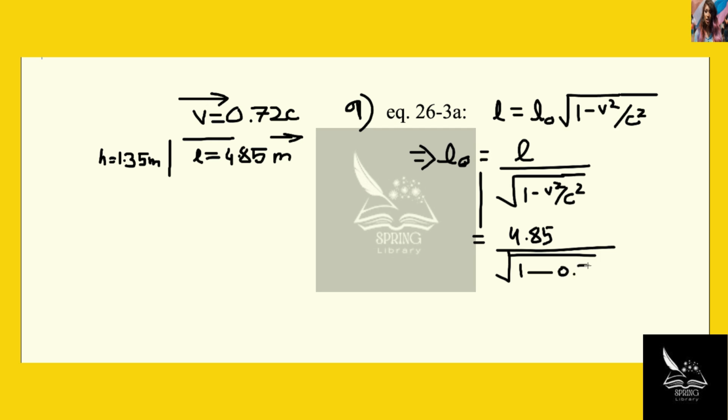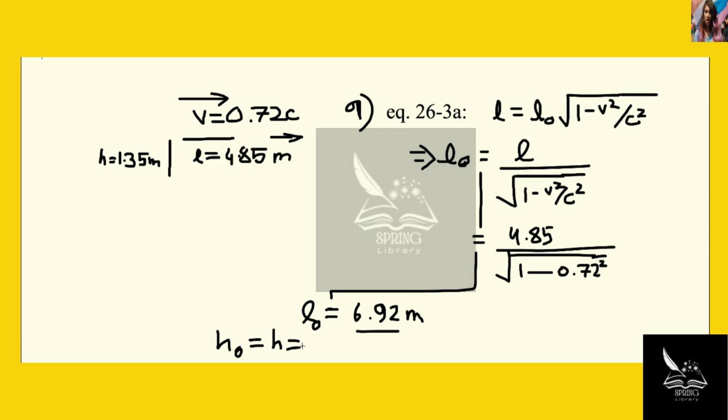So 1 minus 0.72 squared, and that gives you 6.92 meters for the rest length. That's the measured length, that's the rest length. And H naught, the rest height, will be the same as the measured height in a different frame, which is 1.35 meters. So no changes there.